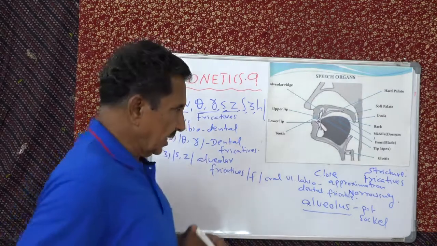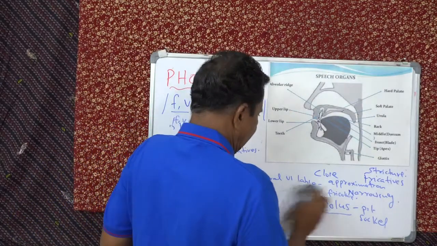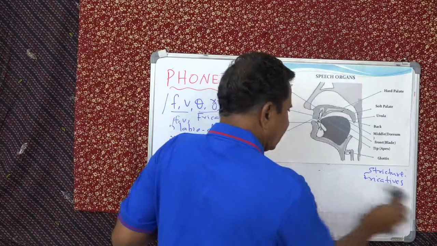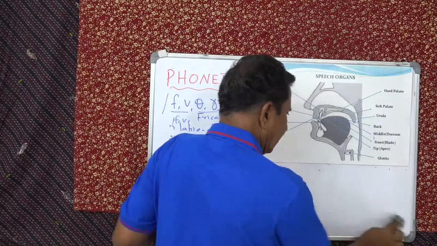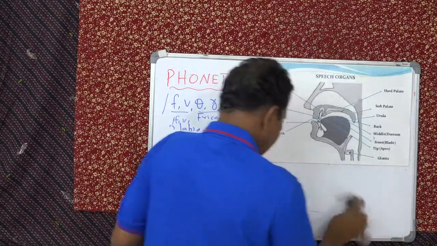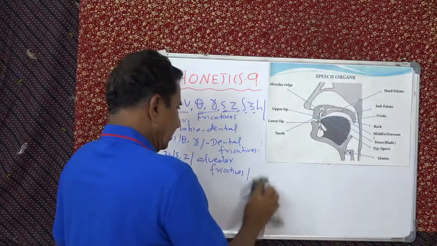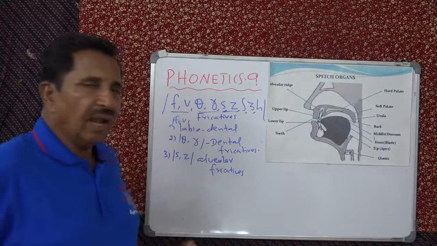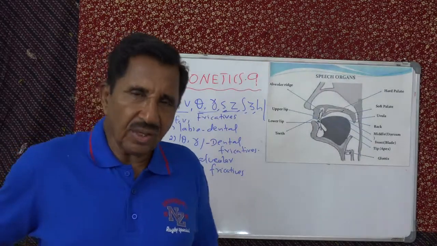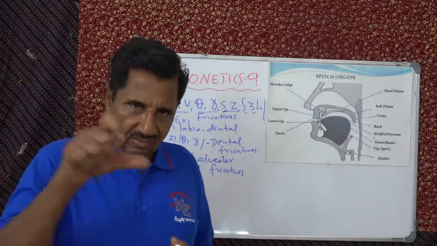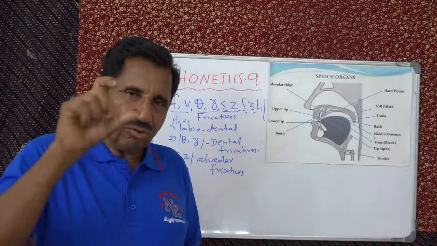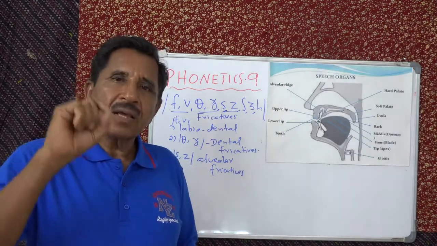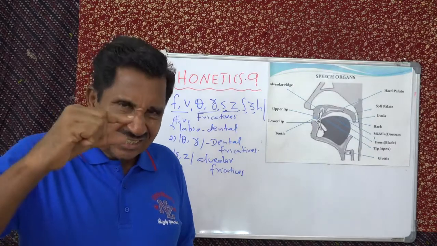And we don't use the name of the tongue for description here, because we have reserved it for another area of phonetics, that is vowels. So we say alveolar ridge. The close approximation or narrowing is a stricture.